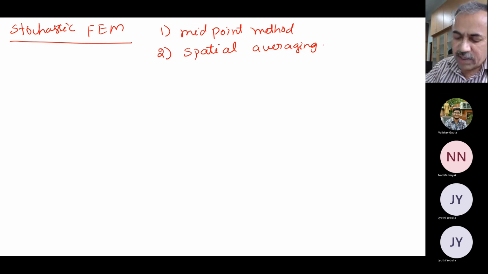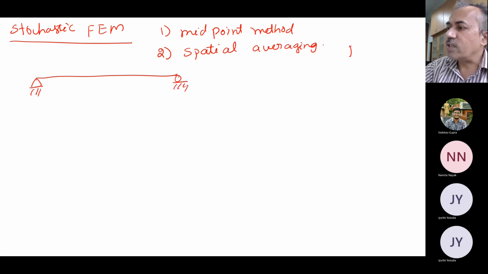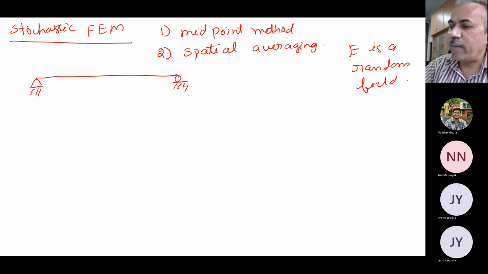So if Young's modulus is a random field, say on a beam, and it has some type of pattern, what you will do is divide this beam into some elements. Here I have divided the beam into 4 elements.